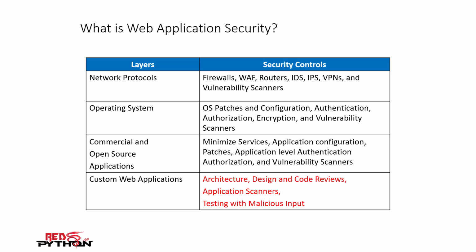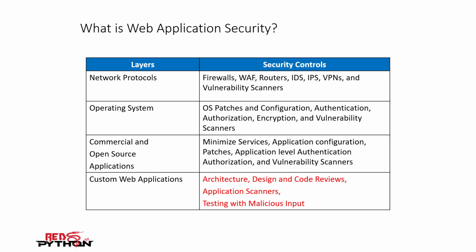Now, when we talk about web application security, we might mean different things. You can secure a web application by using a WAF, for example, which acts at the network protocol. Some WAFs act at the application protocol, but here we're just referring to the networking part of it.